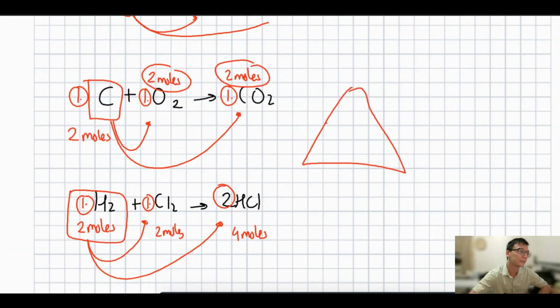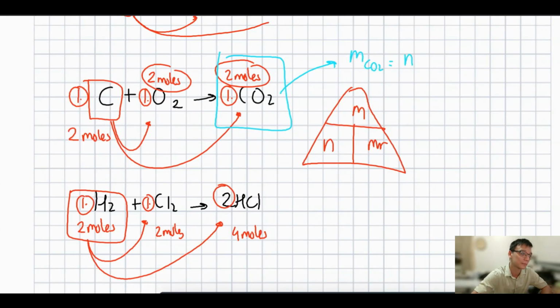Based on the triangle, the first triangle, the mass triangle, the mole triangle, if we have the mole, we can find the mass because we can find the molecular mass or the atomic mass from the periodic table. So for example, here the question asks you to determine the mass of carbon dioxide. You can just use the formula multiplied by the Mr of carbon dioxide. So the mole will be 2 moles.